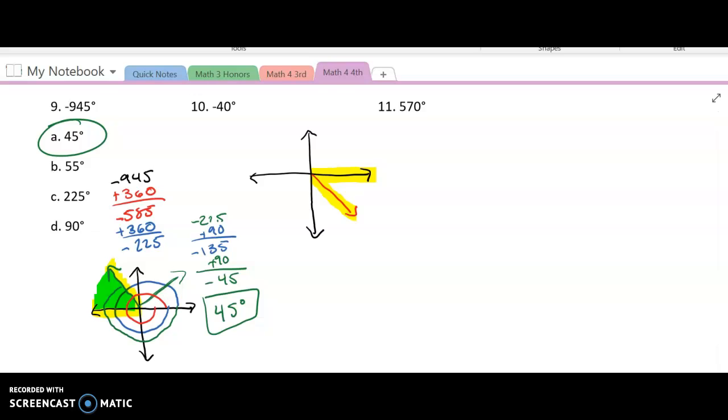And our distance is going to be this angle here. Well, if you think about it, we already defined that as negative 40 degrees. Well, didn't we just say we're trying to find the distance between the terminal side and the x-axis? Well, we already kind of found that because it's negative 40 and the absolute value of negative 40 is going to be positive 40. So 40 degrees is my reference angle for number 10.